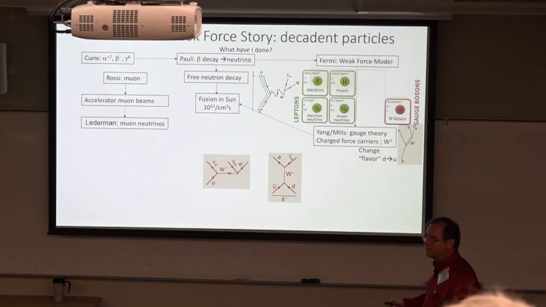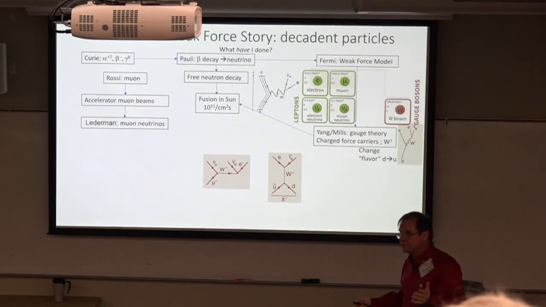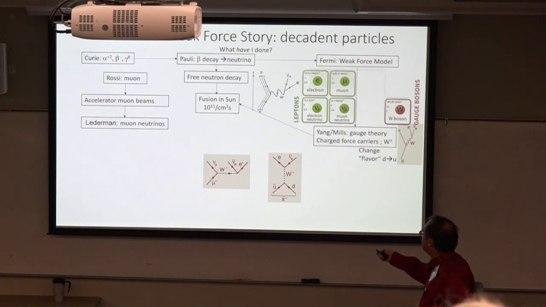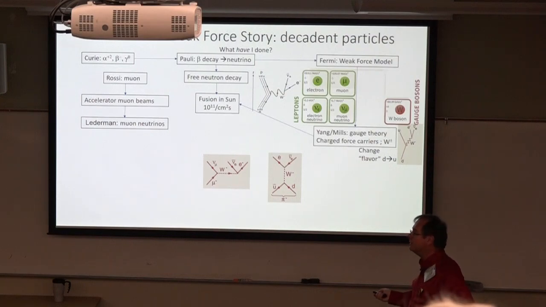I can throw off a W particle, one of my weak charge carriers, and it flies off this way, and then decays again into an electron and a neutrino. That's how the pion decays. It goes away and becomes something else. So this weak force does a whole lot of work. It can make anything run downhill.